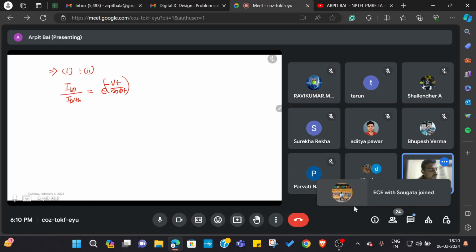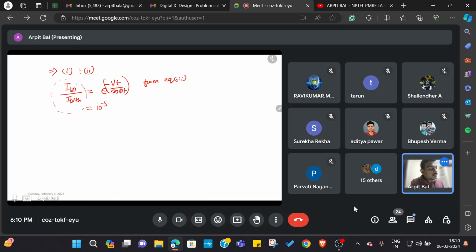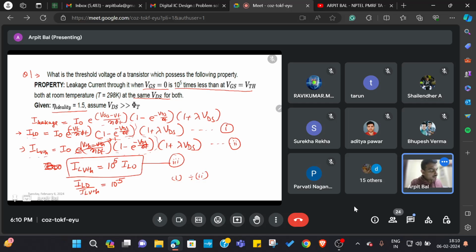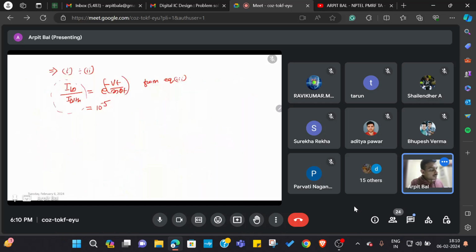Okay, and from equation 3 we know that this is equal to 10 power minus 5, right? So I can write that e to the power minus Vt by eta phi t equals 10 power minus 5. Correct? Now I need to remove this e.